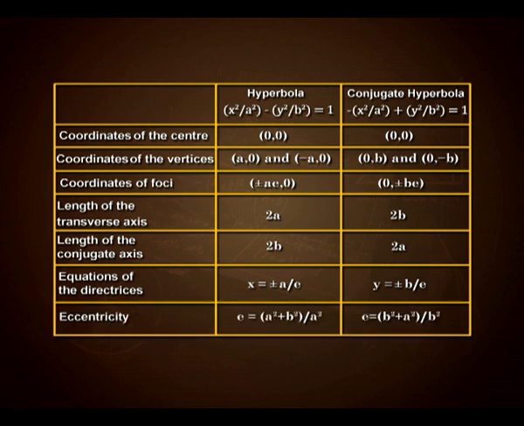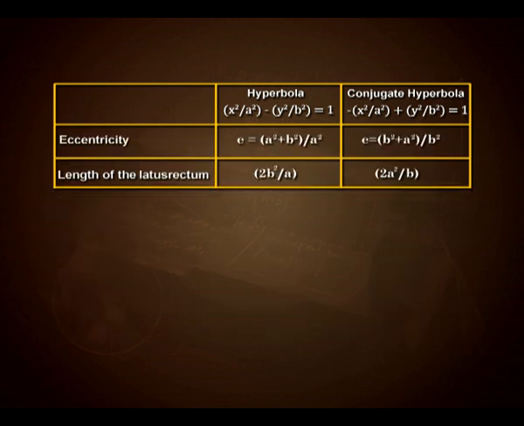What about the eccentricity for hyperbola? It is e = √((a² + b²)/a²), and in case of conjugate hyperbola e will be √((b² + a²)/b²). The length of the latus rectum for hyperbola will be 2b²/a, and it is going to be 2a²/b for conjugate hyperbola.